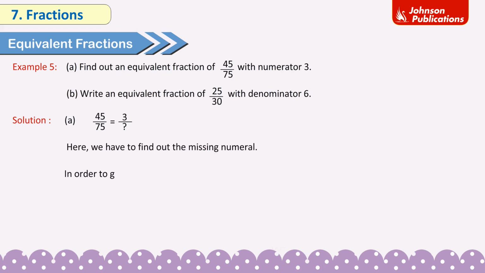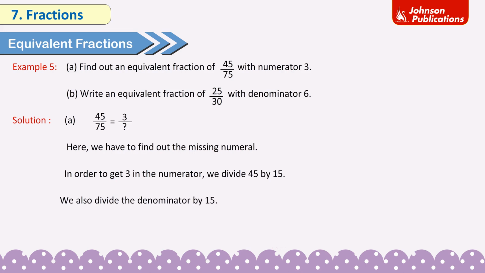In order to get 3 in the numerator, we divide 45 by 15. We also divide the denominator by 15. 45/75 is equal to 45 divided by 15 over 75 divided by 15 is equal to 3/5. Hence, 45/75 and 3/5 are equivalent fractions.